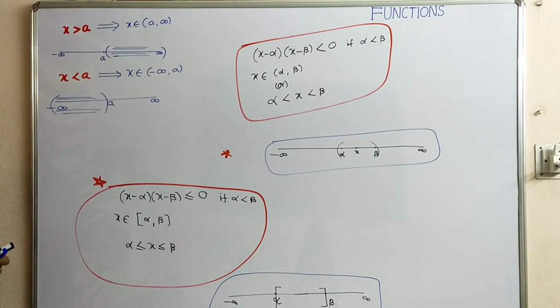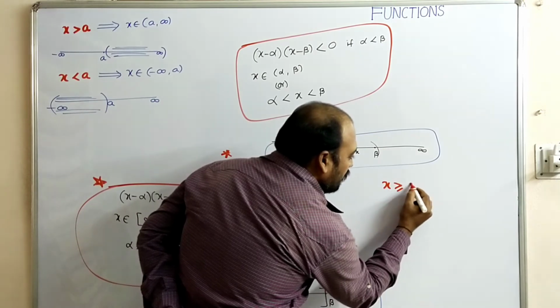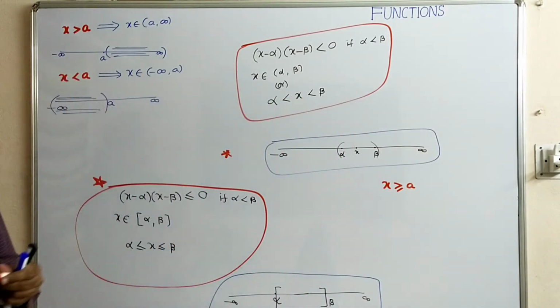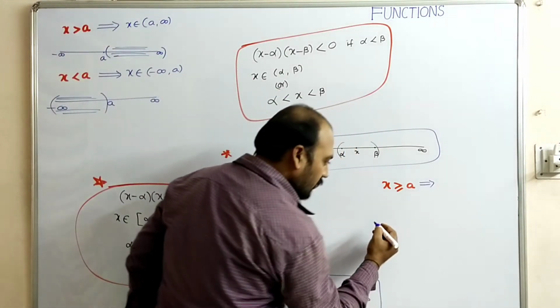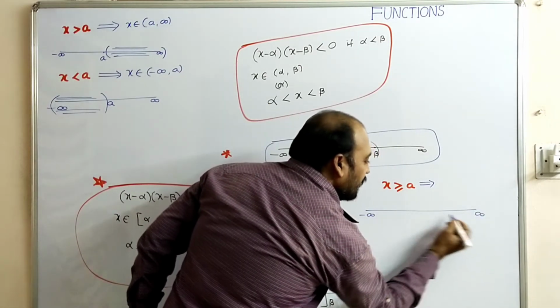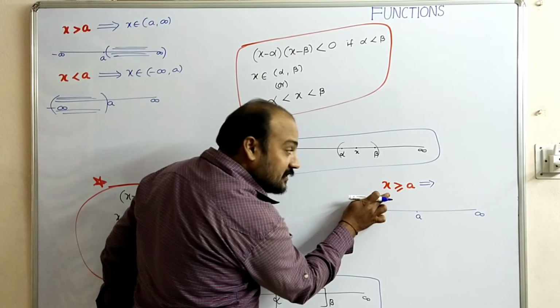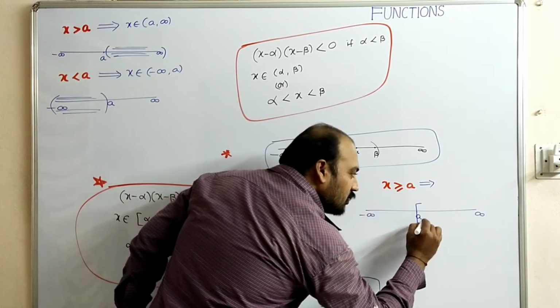Suppose it is x is greater than or equal to a. Here I will write: x is greater than or equal to a. That means x is equal to a or greater than a. In this case, this is the real number line, minus infinity to plus infinity, here a. X is greater than a or equal to a, so from here to here.